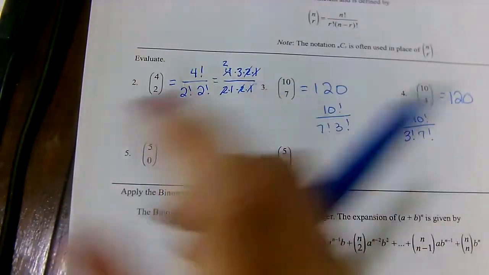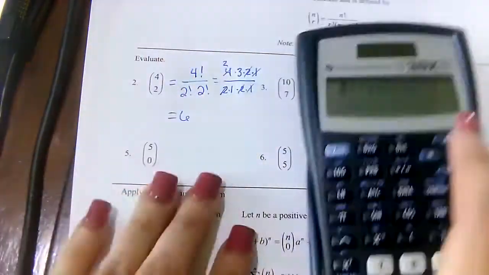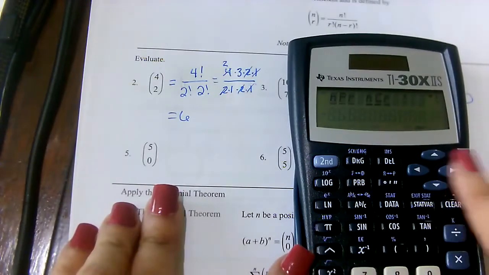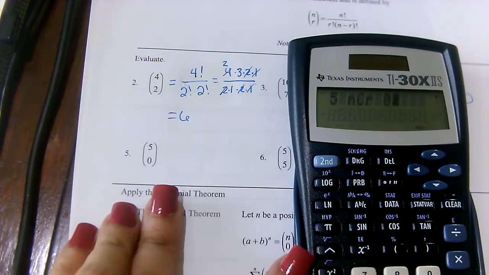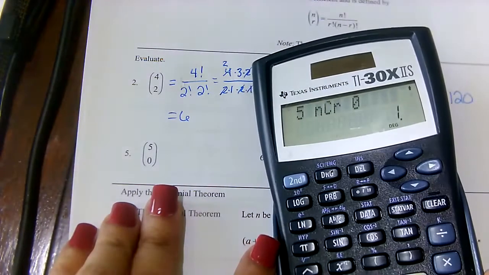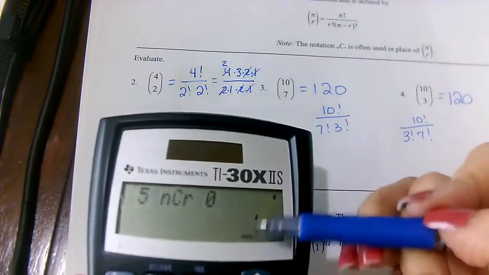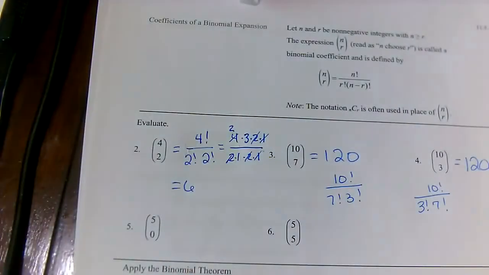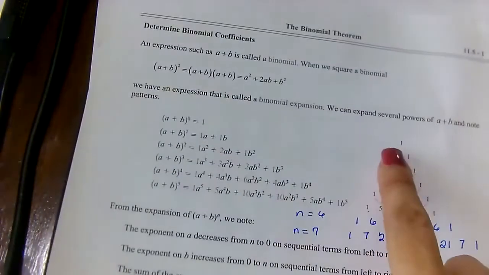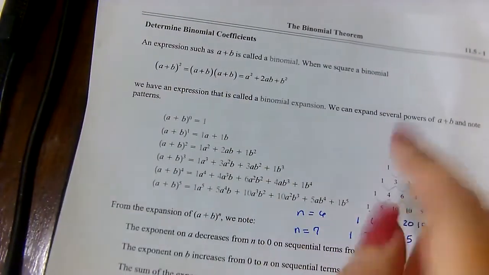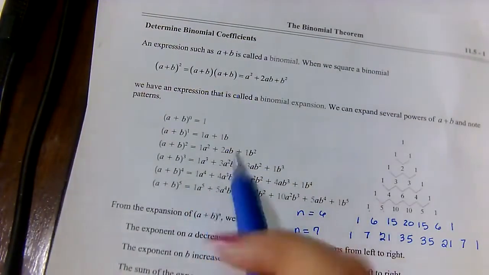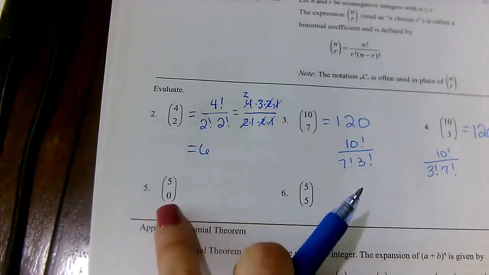Okay, let's go ahead and do this one. I'm going to do 5, PRB, choose 0. Okay, and here you can see the 1. Now this is an important one because this is what explains the ones on this side. So if we have 0 B's, it's going to cause it to be just 1.